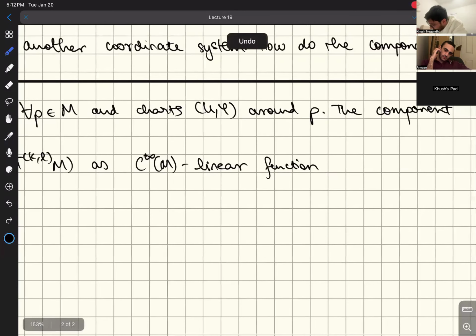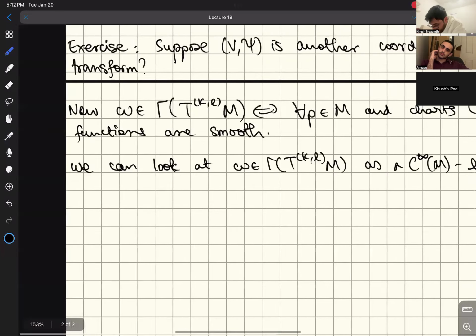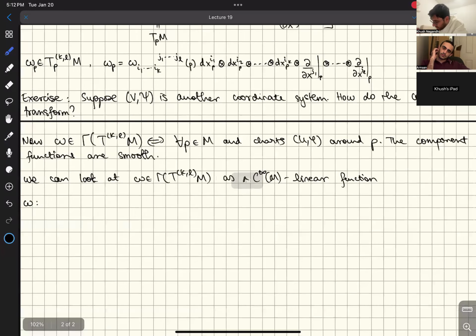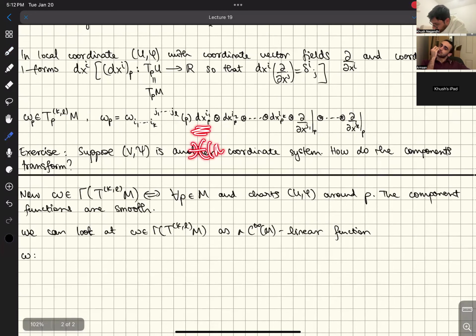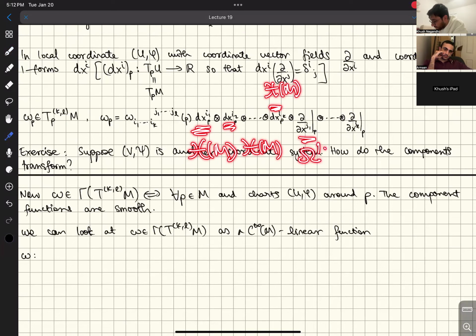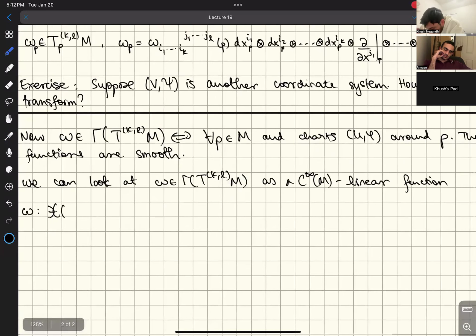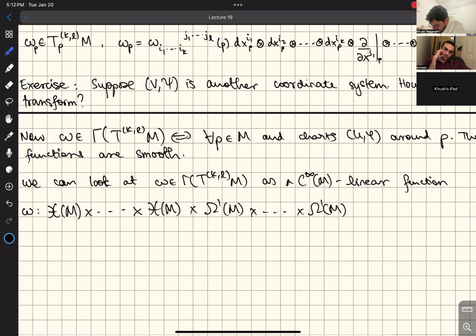This object has to take in a vector field, this object also takes in a vector field, and this object takes in a one form, and so on. So the idea now is that you can think of this as a map from k copies of vector fields and L copies of one forms, so here you have k, here you have L, and this maps into C infinity M.